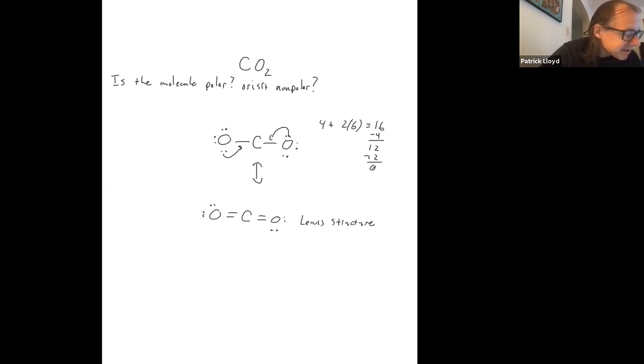Okay. Step 2, figure out the molecular shape. So 1 is Lewis structure, 2 is the molecular shape. Okay, well, we have AB2, right? No lone pairs on the central atom. So that's linear.